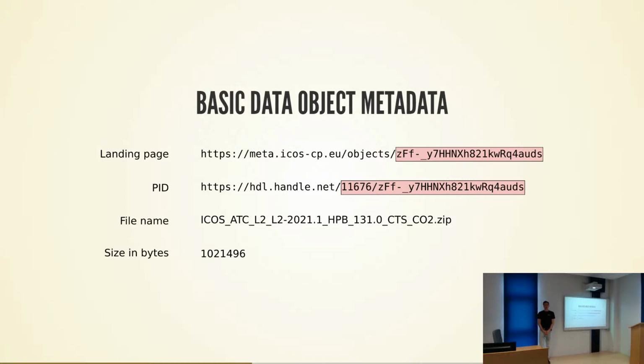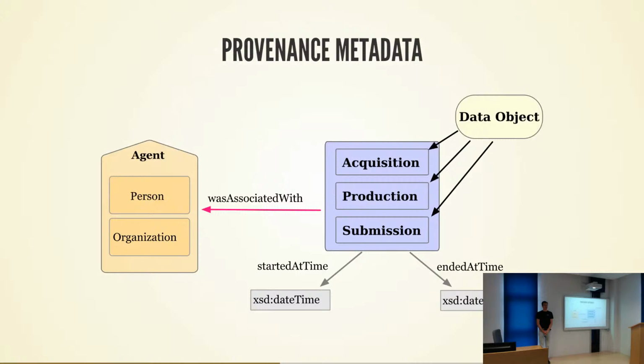Next down, please. Then we have the provenance metadata. That's basically how this object came to be, its origin. We distinguish three types of provenance: acquisition, production, and submission. These are processes, and they have start and end times, and also they have what are called agents.